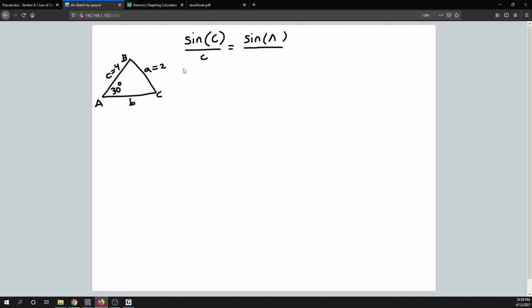I don't know angle C, side C is 4, angle A is 30 degrees, and side A is 2.